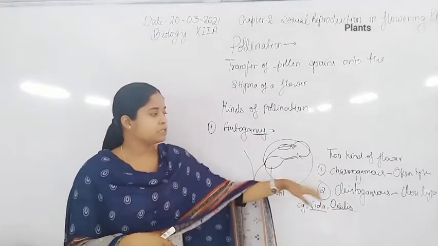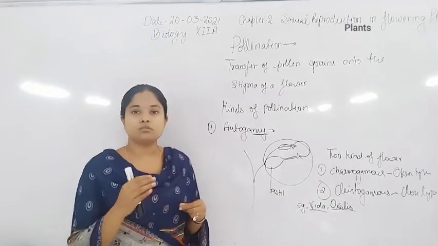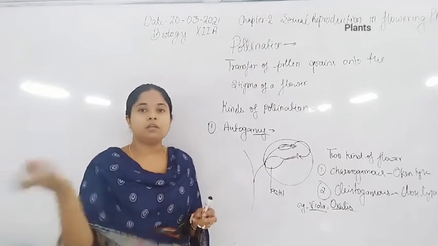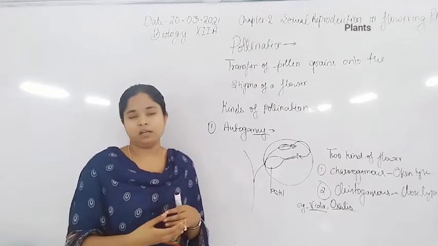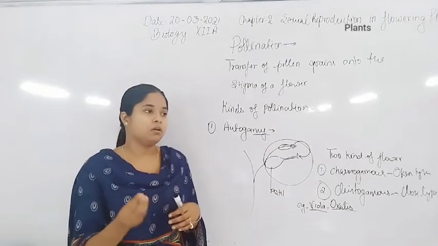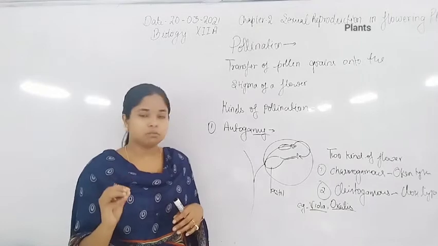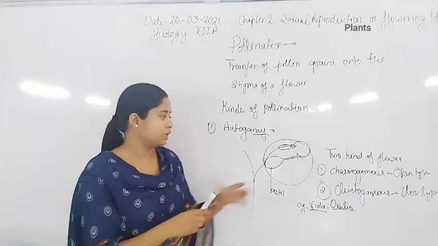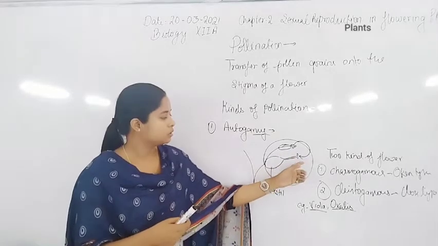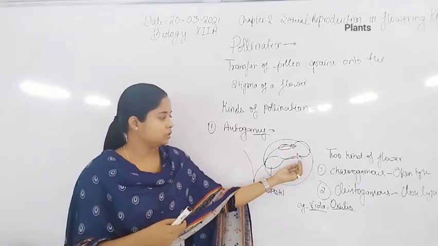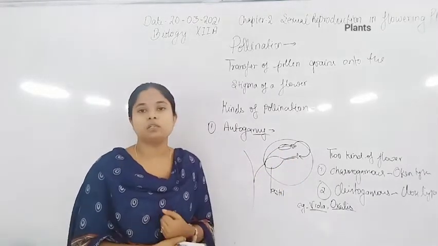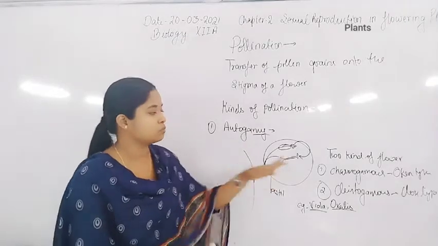But sometimes the chasmogamous type of flower also shows cross pollination, because if there is a group of flowers, and pollen grain from the same species comes in contact with a stigma, they have the ability for germination of pollen grain and formation of pollen tube onto the stigma of the flower.